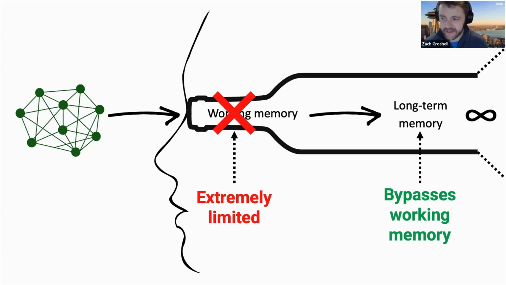What I have on your screen says that long-term memory bypasses working memory, meaning that once you know something, it's no longer necessary for someone else to explain it to you, to teach it to you. It's now time for you to practice it. It's now time for you to use it, to go out and make a difference in this world with the stuff that you've learned. And long-term memory is, in a way, our superpower.